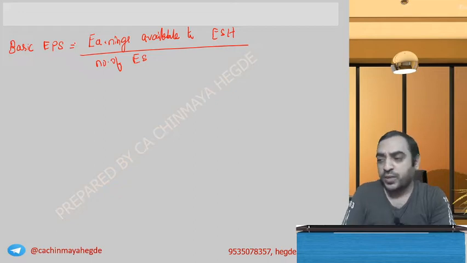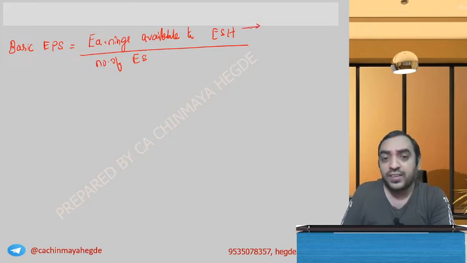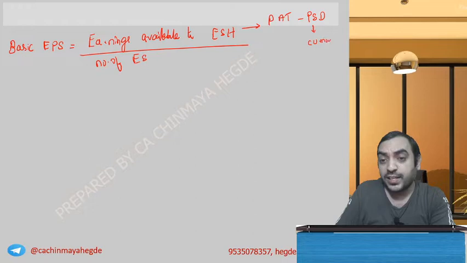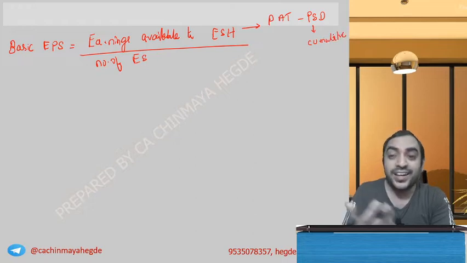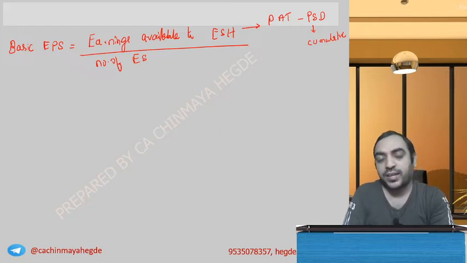Now, a few small points to be understood. Is profit after tax the same as earnings available to equity shareholders? The answer is no. How do you calculate profit available to equity shareholders then? We take profit after tax minus preference share dividend. And what nature? To be specific, it is cumulative in nature. For cumulative preference share dividend, whether declared or not, we have to subtract.